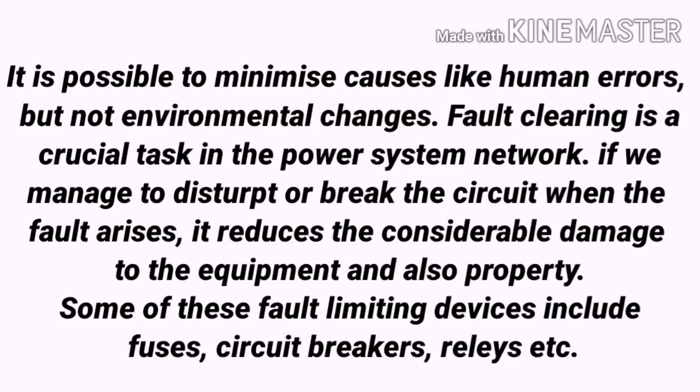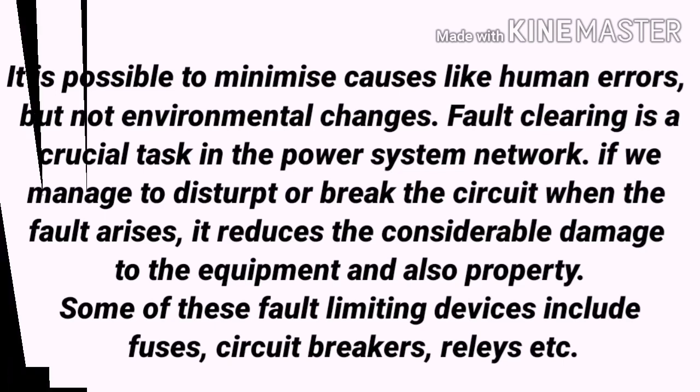If we manage to disrupt or break the circuit when a fault arises, it reduces the considerable damage to the equipment and also property. Some of these fault limiting devices include fuses, circuit breakers, relays, etc. And we are going to discuss these devices one by one.